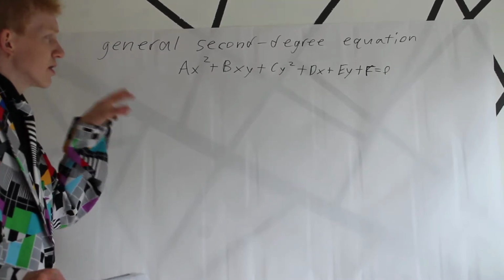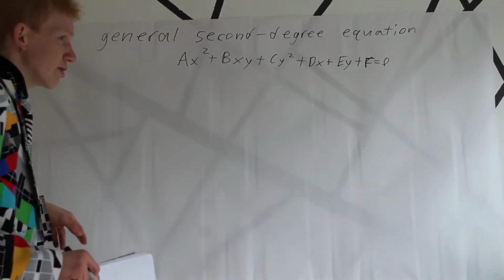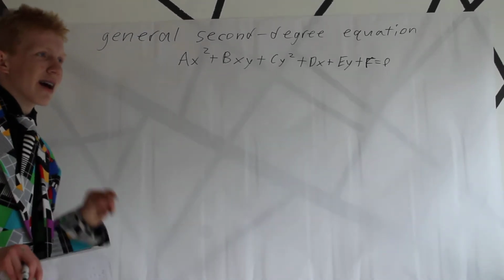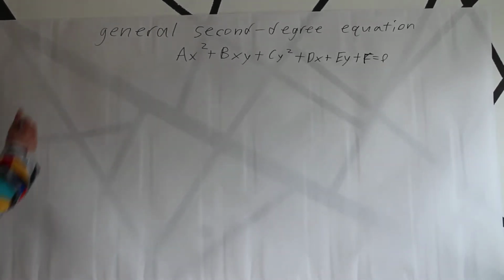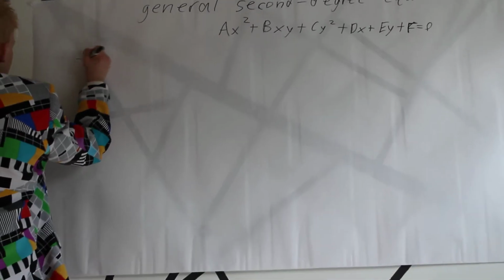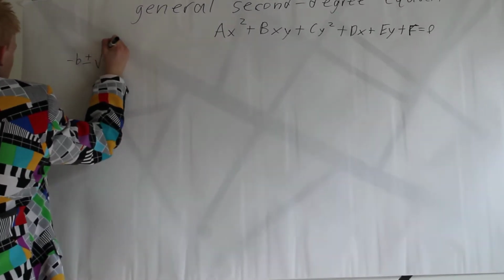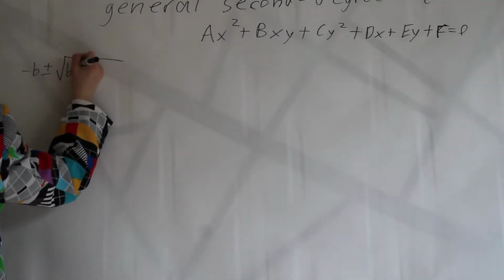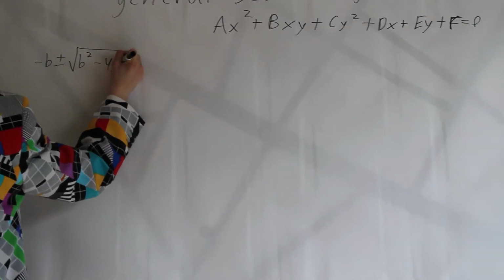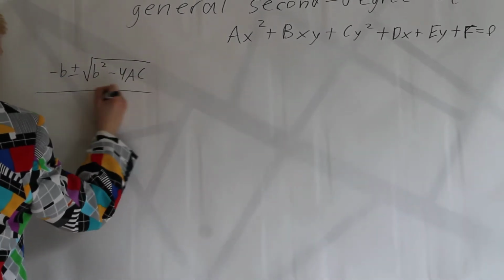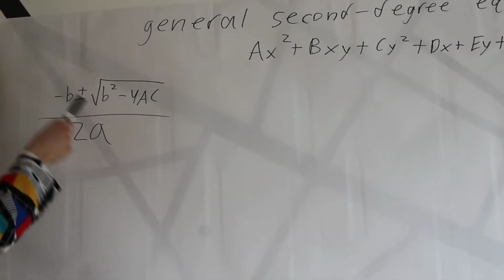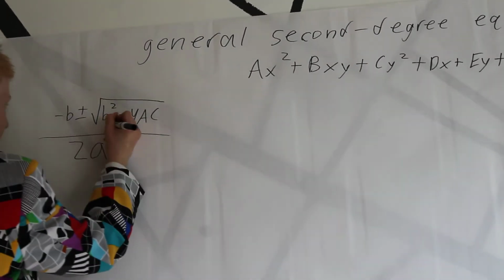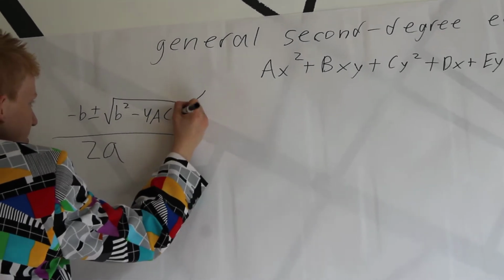And then what you do once you get this is you're going to get what's called the discriminant. If you guys remember in the quadratic formula, which is negative b plus or minus the square root of b squared minus 4ac over 2a, this is the quadratic formula, and this right here is the discriminant.